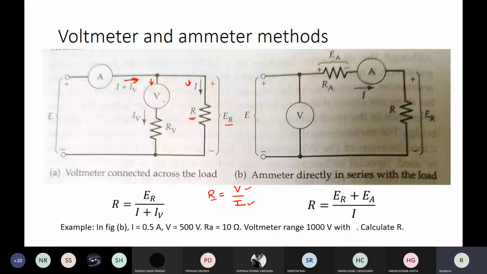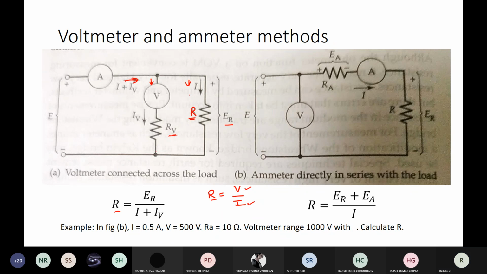Of course, an ideal voltmeter will have a resistance of infinity, so there will not be any current flowing through it. However, we have seen that voltmeters do have some finite resistance. If you consider that resistance as RV, then basically what we are measuring is not R. We are actually measuring RV in parallel with R. That is what we are measuring. So if you look at the equation of R, the ammeter, which is indicating the current, is not indicating the current flowing through R.